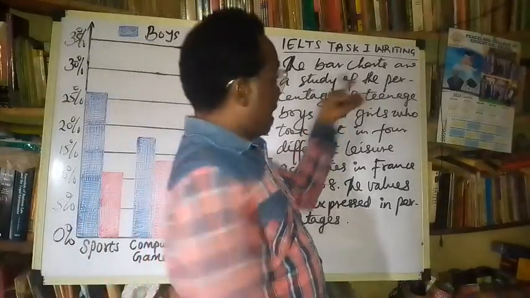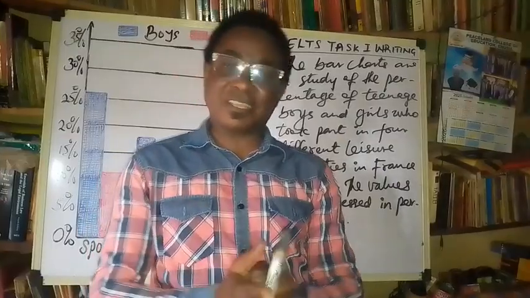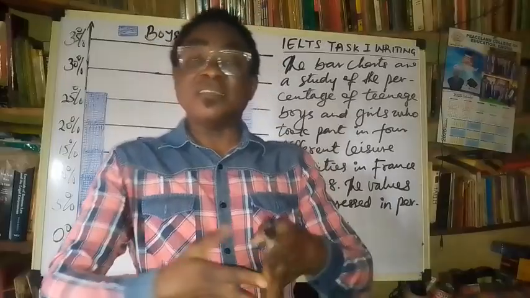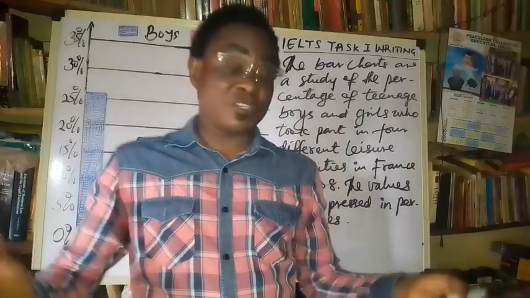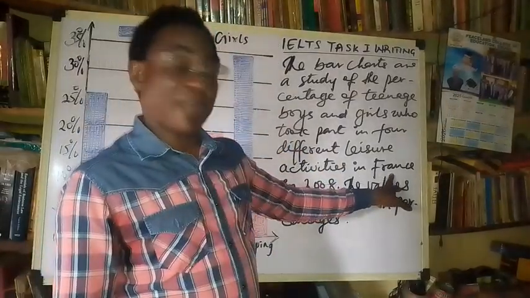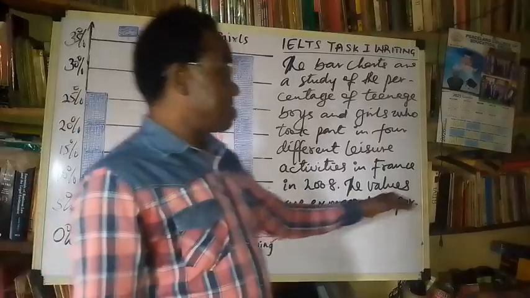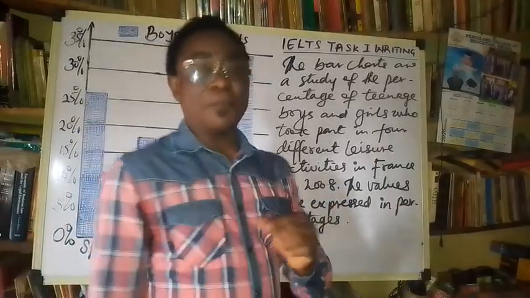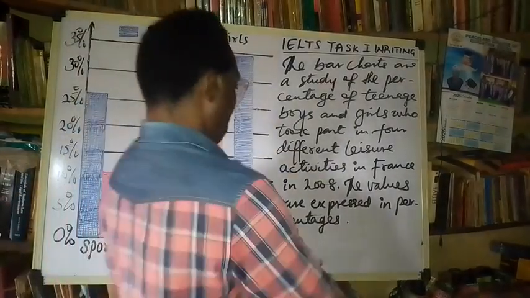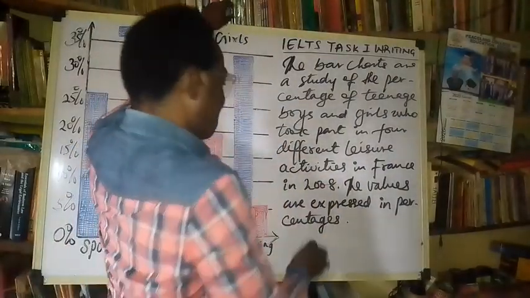So a part of the intro tells us what the graph is all about, a study of teenage boys and girls that took part in 4 different leisure activities, and then the place of the study is France, and then the period was 2008, and the values are expressed in percentages. We've already pointed this out. Alright, let us make a little amendment.